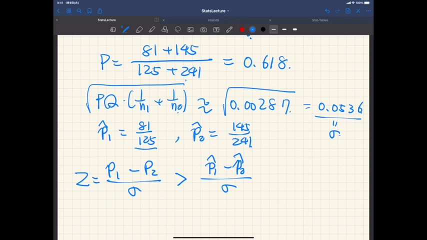If you plug in all these values, this should be something like 0.865 or so.